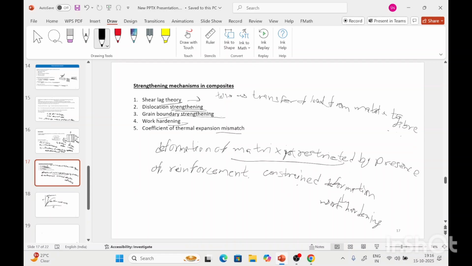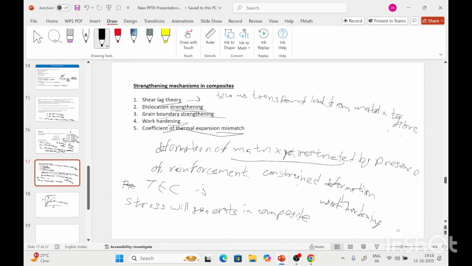Then next is the coefficient of thermal expansion. The thermal expansion coefficient is different for the reinforcement and the metal matrix. Because of the mismatch between the coefficients of thermal expansion, stresses will generate in the composite.